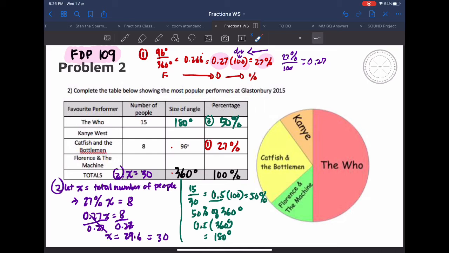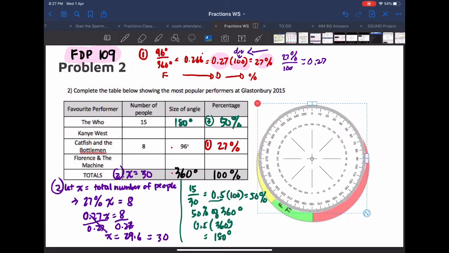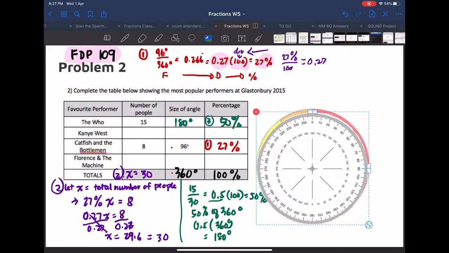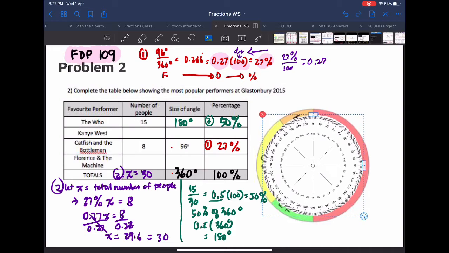So we need to use our protractor now because we're stuck. But you only need to measure either Kanye or Florence, because once you know the values here, you can easily solve for the missing value of Florence. So let's take our protractor, and I'm going to try to put the lines by 0 and 180.